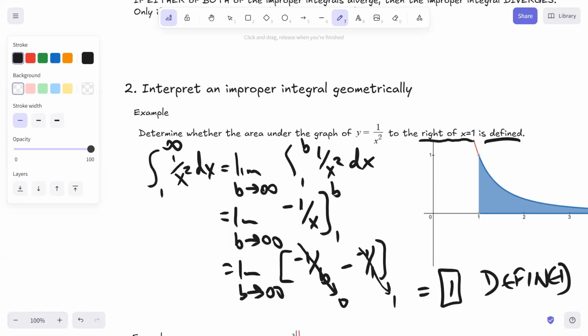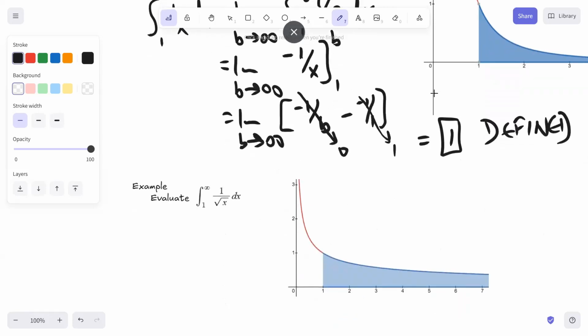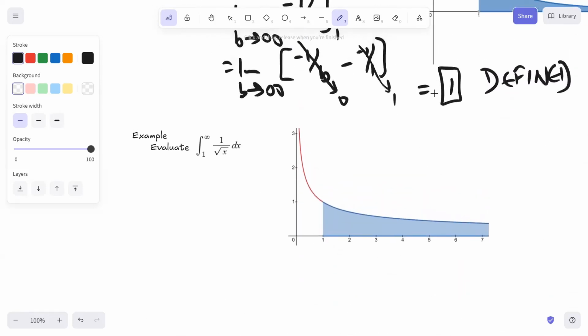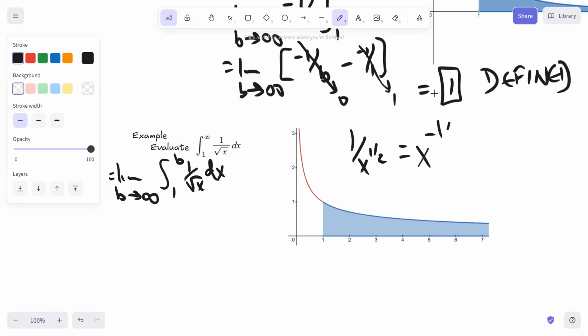Then if we look at this next example, we want to evaluate the improper integral from 1 to infinity of 1 over root x. So we're going to interpret it as the area under the curve to the right of x equals 1. So we would need to start off with the limit as b approaches infinity of the integral from 1 to b. Now, 1 over square root x can be thought of as 1 over x to the 1/2, which is x to the negative 1/2.